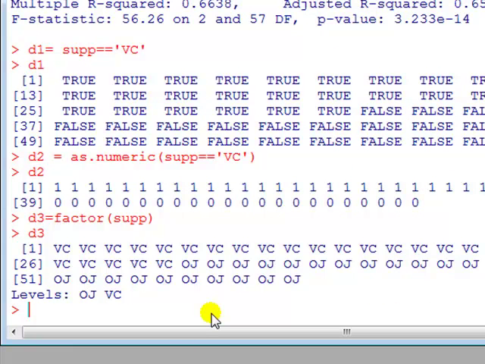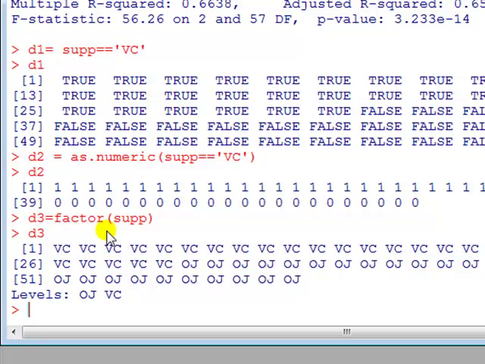Finally, if we want to be sure that R is going to treat it as though it was a categorical independent variable, here we use the factor command: factor, and then the name of the X variable that we want to treat as if it was categorical. The groups of the factor are called levels. This is kind of ANOVA speak.